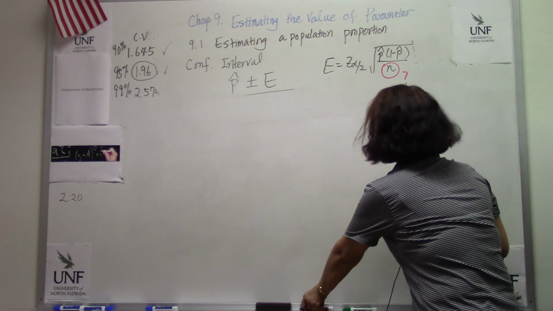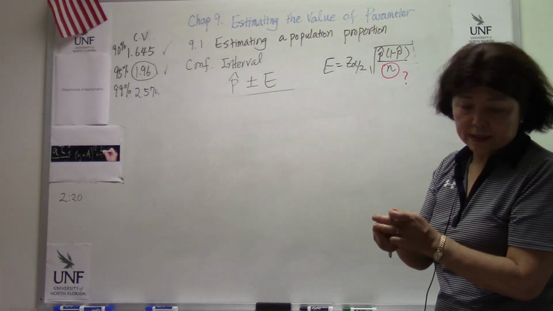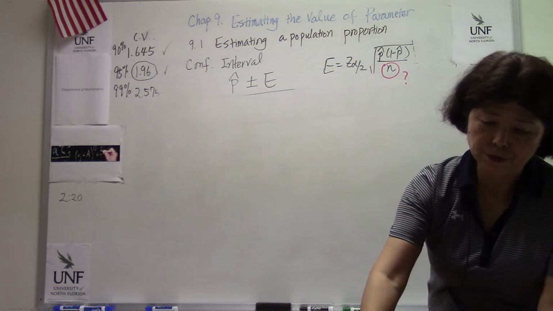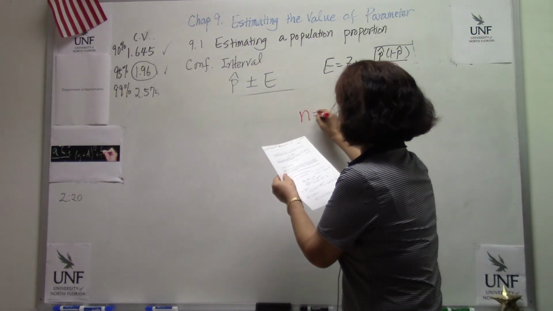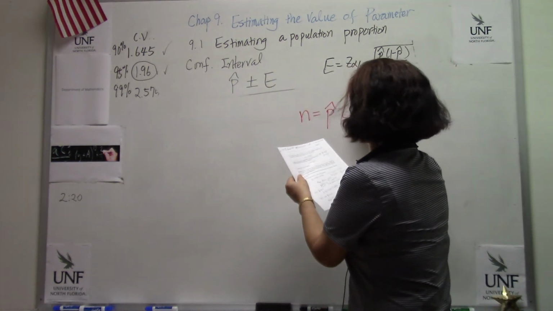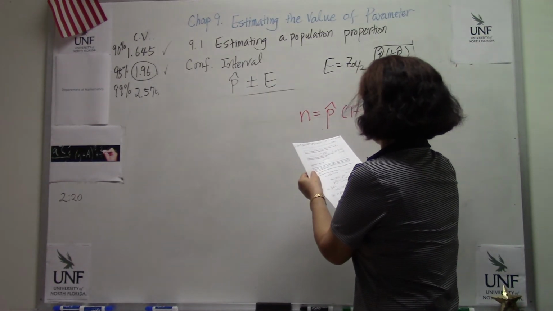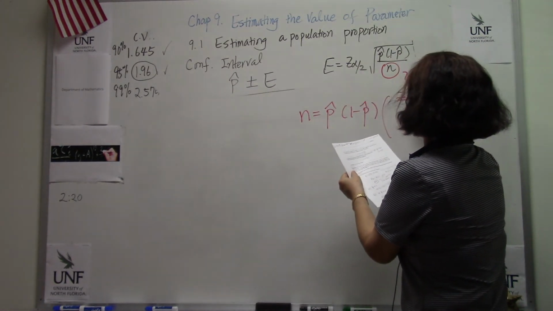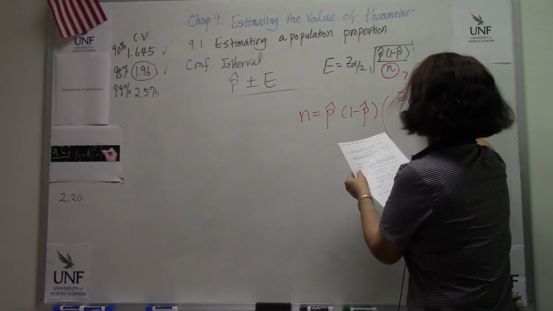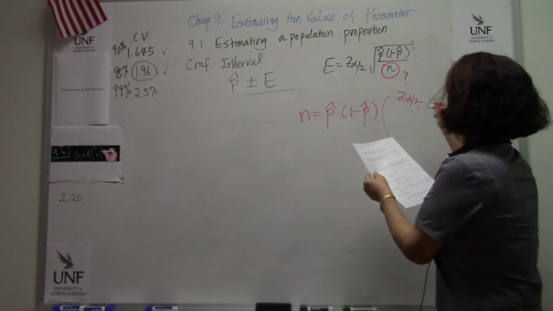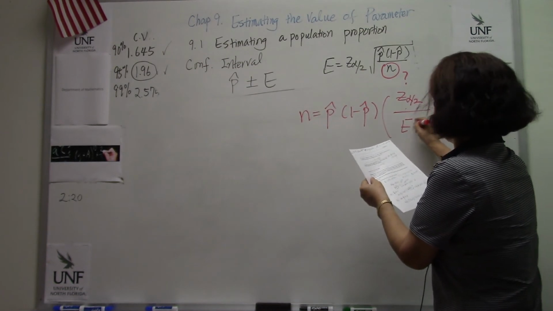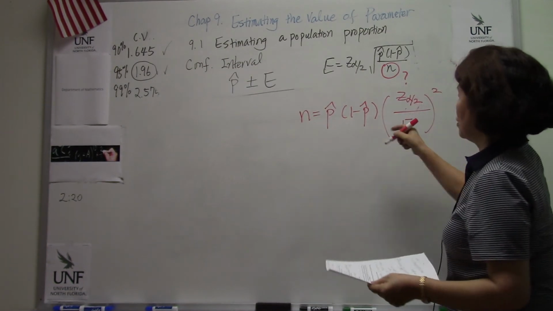Well, we can use just algebra, but I do not want to force you to do this algebra. So this one is given: n equals p hat times 1 minus p hat, times Z alpha over 2, over big E squared. So this is the margin of error.